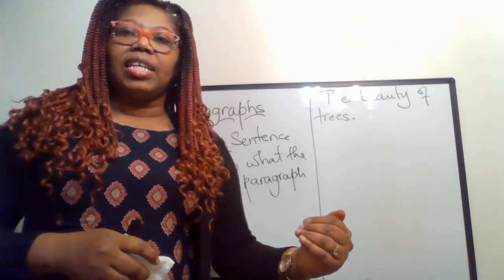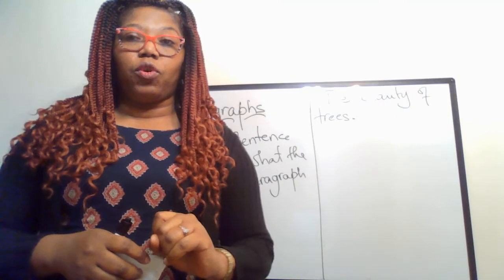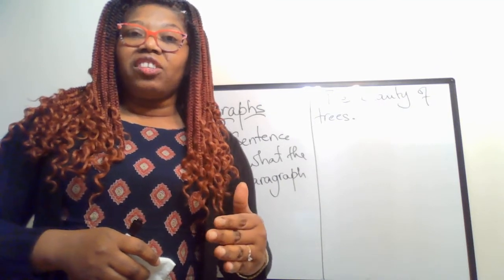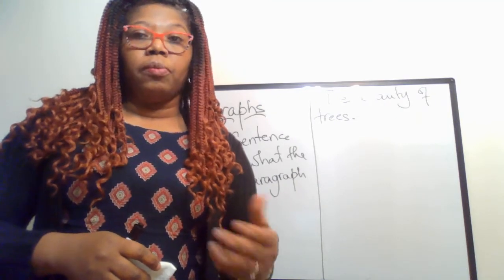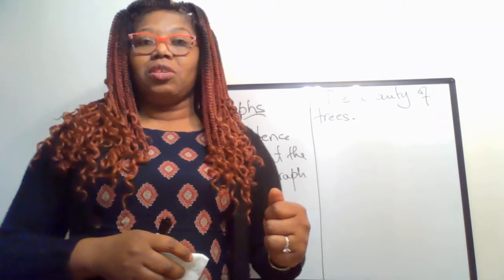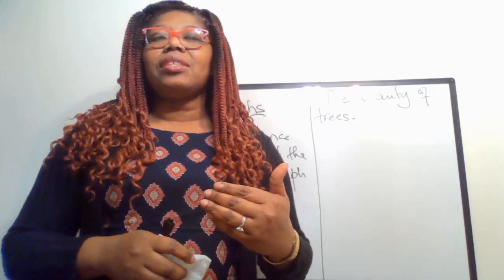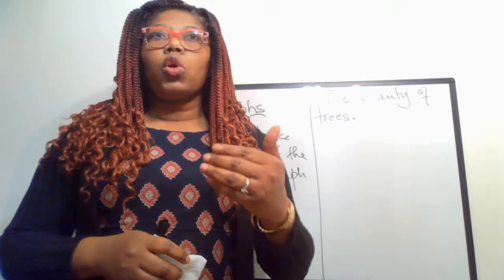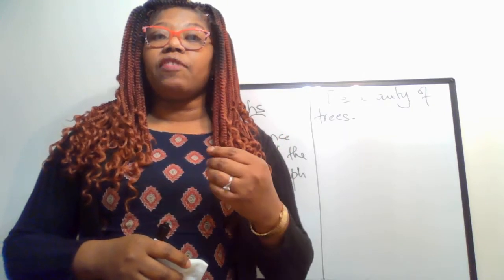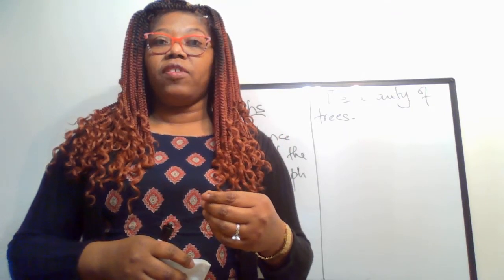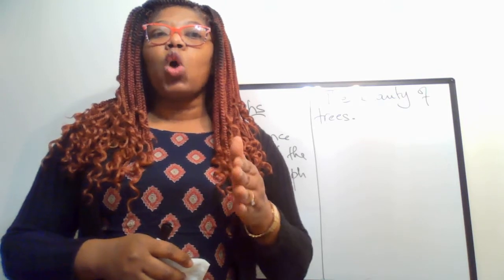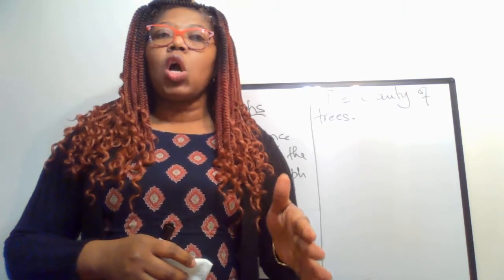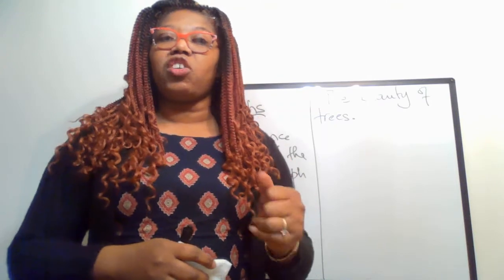However, as I stated before, for a beginner or an intermediate writer, it is best that you have your topic sentence appearing as the first sentence within your paragraph, so that it keeps you on track and you're more focused on what exactly it is that you're writing about.